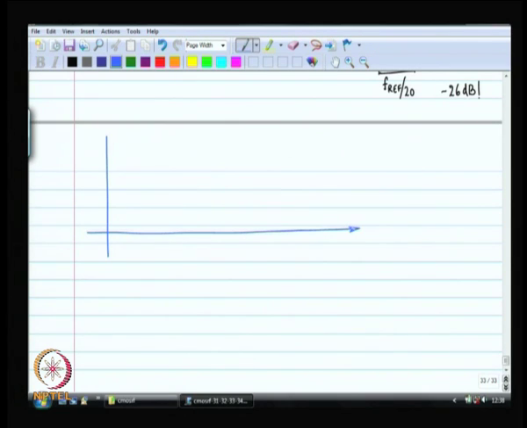So, let us say n equal to 2. This is the crystal oscillator spectrum, okay, and twice this frequency is my VCO spectrum.